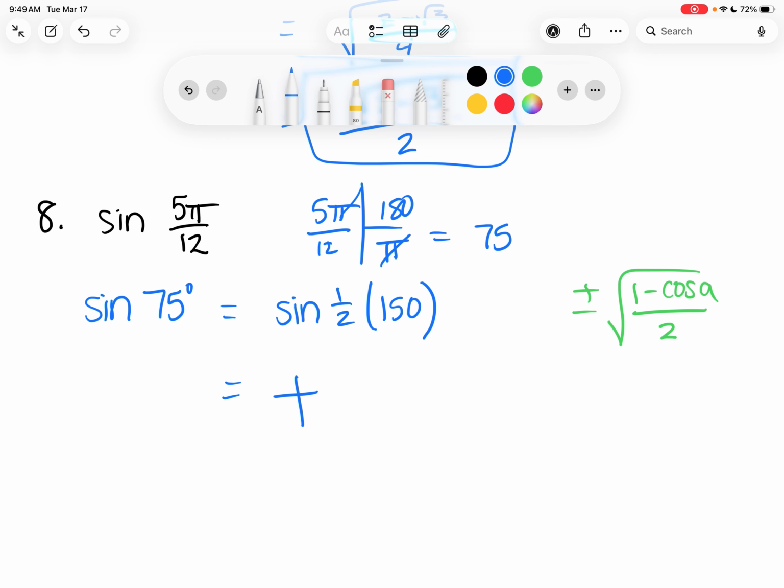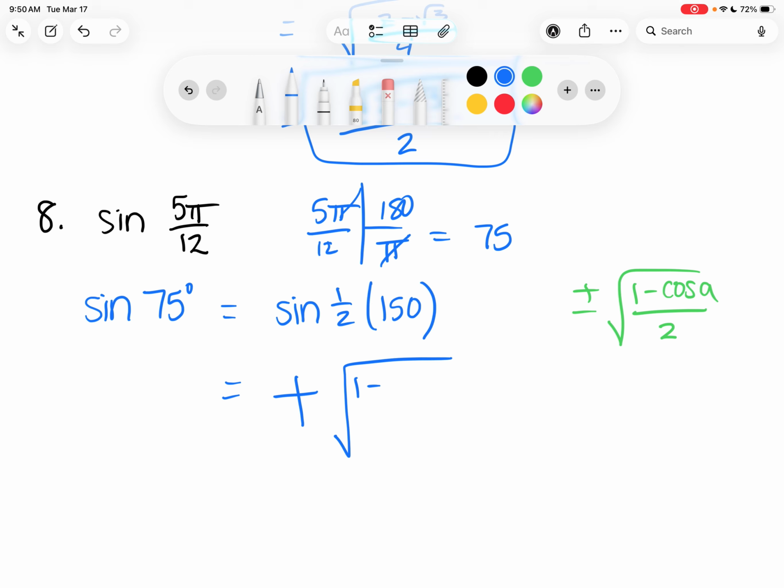Positive because it's in quadrant 1, so I'm going to write my giant plus sign one time. Again, if you don't write it, it's not wrong. It would only be wrong if it was supposed to be negative and you didn't write it. But I just like to write it so I know I've at least thought about it.